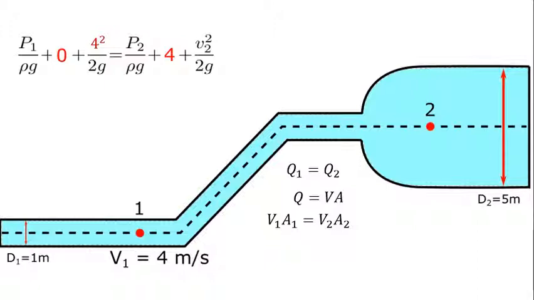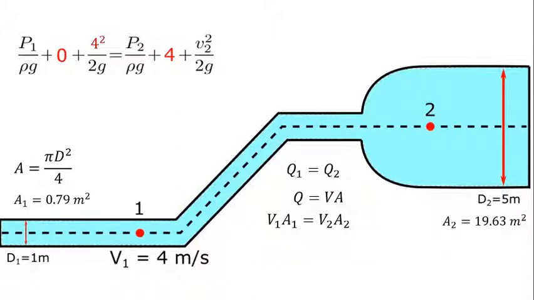I don't have the area of the pipe cross-sections at either of these locations, but we do have the diameters. As we know it's a circular section, we can use this rule of geometry to convert the diameter into an area.